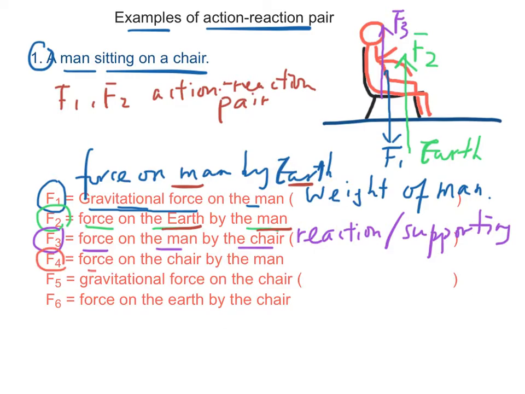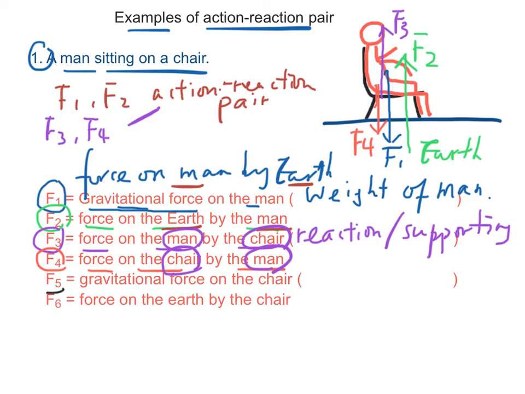F4 is the force acting on the chair by the man. Also, F3 and F4 belong to an action and reaction pair because they are the force on the man by the chair and the force on the chair by the man.